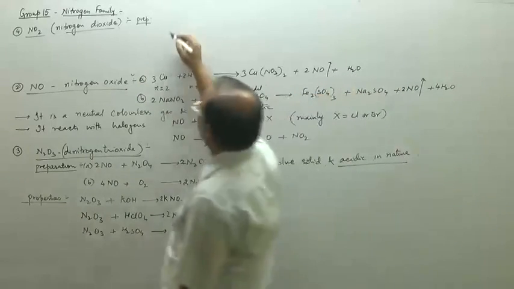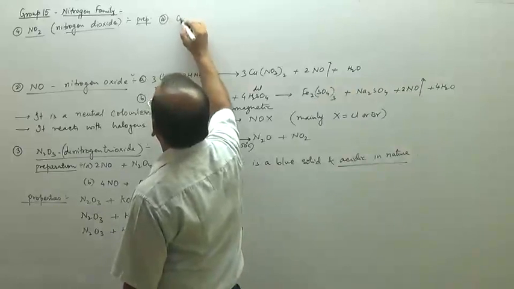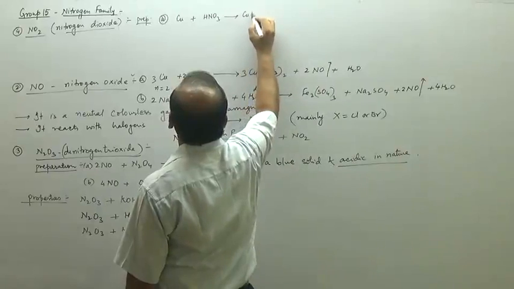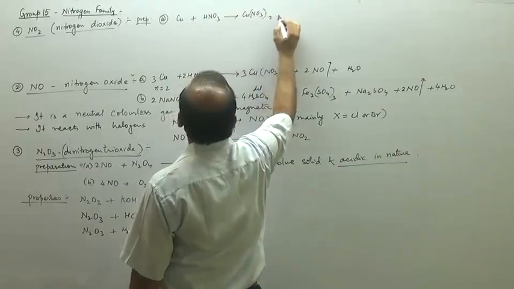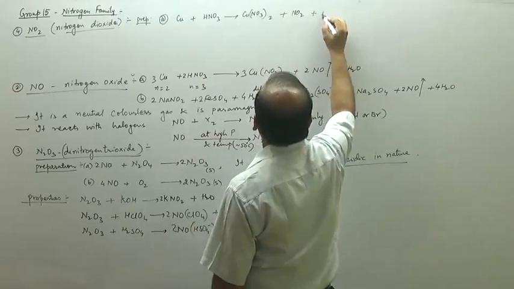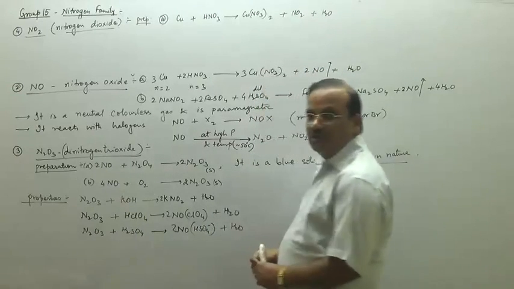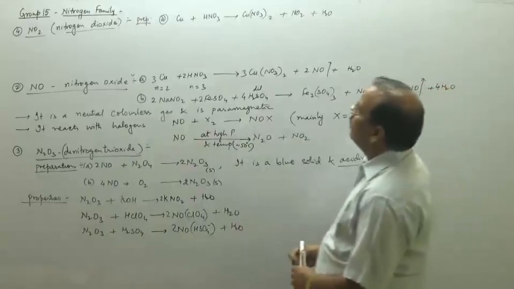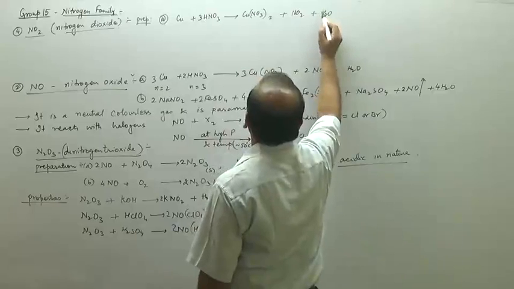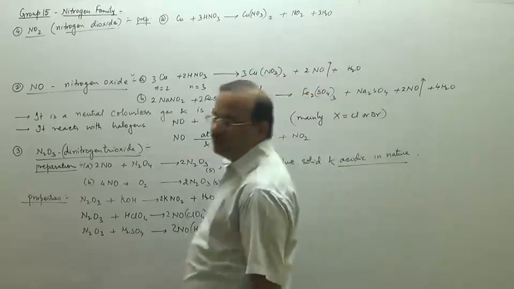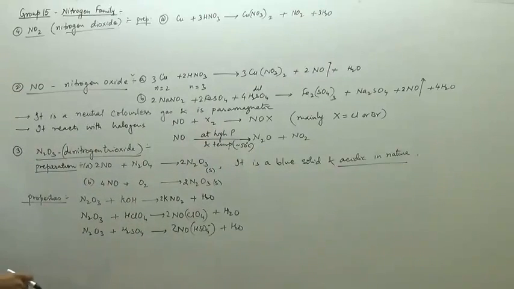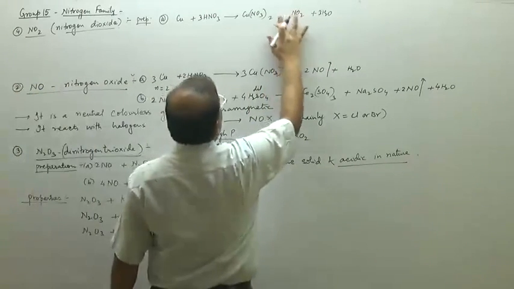So we used to say that when copper is treated with HNO3, it gives Cu(NO3)2 plus NO2 plus H2O, which will be formed in the reaction. The nitrate is copper nitrate.